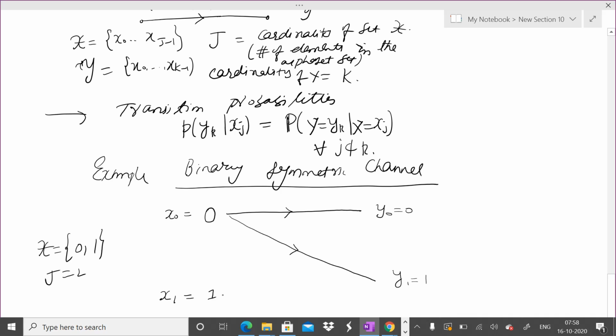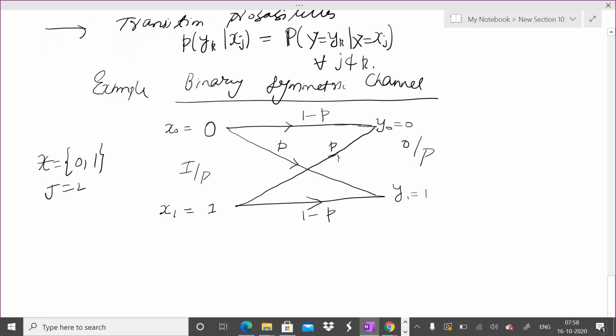Or the channel has to transmit 1, it may transmit this 1 as it is, so the receiver receives 1, or it may flip the bit and the receiver receives 0. Now these are all random. This is your input, this is your output. So these are all random events. Suppose 0 is flipped to 1 with probability p and 1 is flipped to 0 with probability p, then 0 is transmitted as it is with probability 1 minus p and 1 is transmitted as it is with probability 1 minus p.